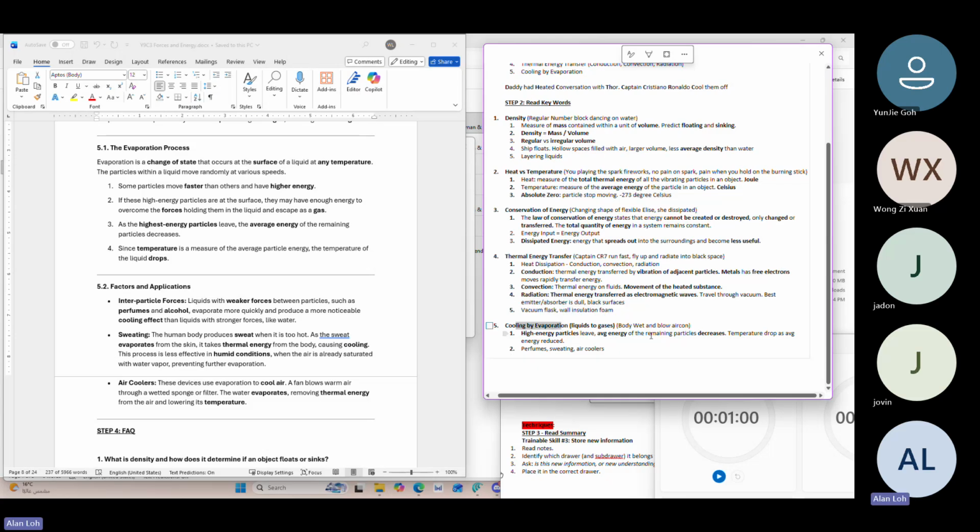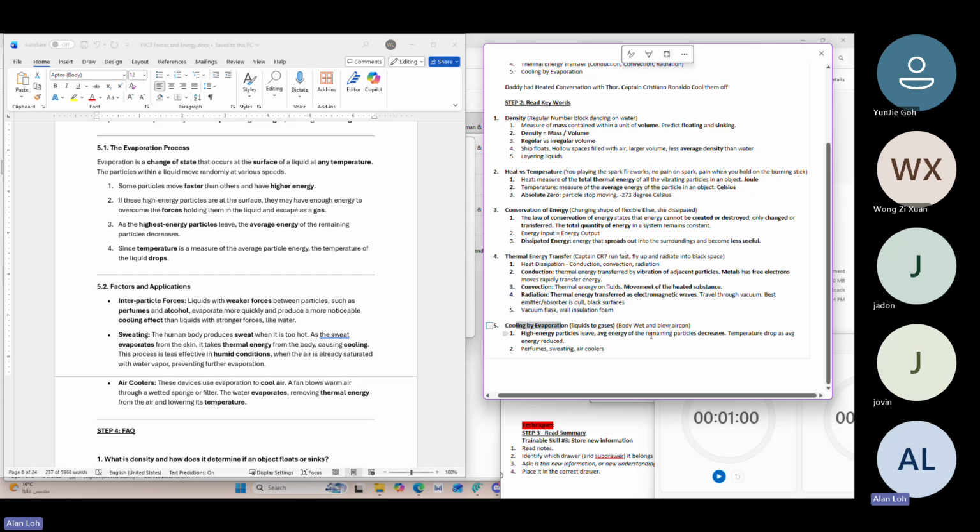So imagine when you are sweating, and then you go into a fridge, or you go beneath an aircon. How will you feel? You feel very cold compared to if you are not sweating. Or let's take another example. You go into a shower and your body is still wet, and you step out immediately right in front of an aircon.